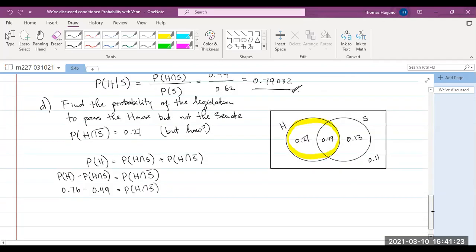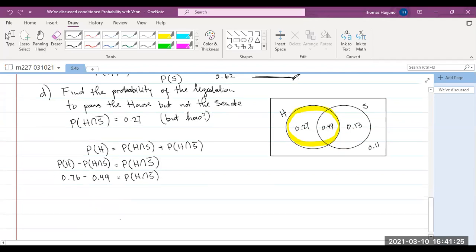That will be 0.27. Okay, yeah. But we knew that already, Thomas, it is 0.27. Well, how did you know that? From the Venn diagram.